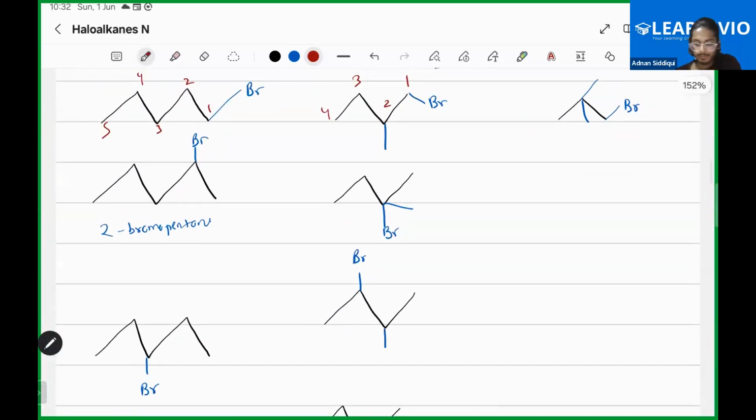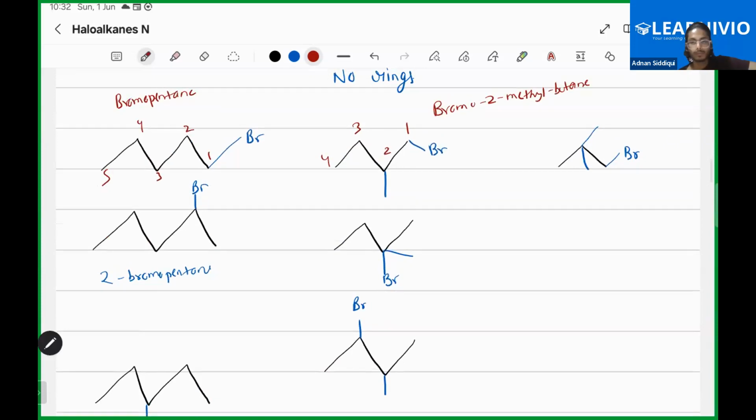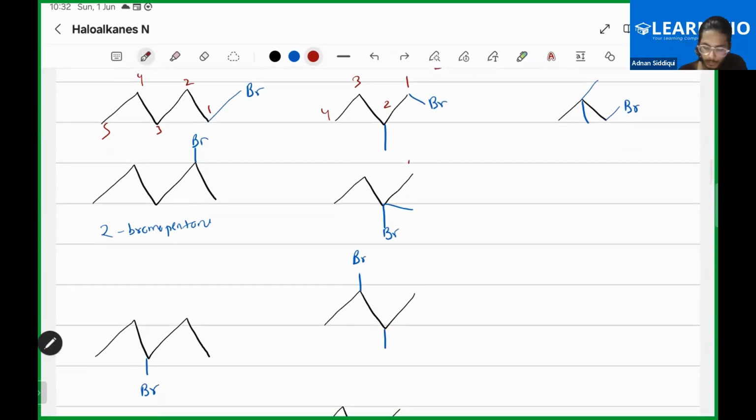Okay, what about this one? Here you can do the numbering from either side. Tell me first. 2-bromo-2-methylbutane. Good. You can do the numbering from here, like this, 1, 2, 3, 4, or you can do the numbering from here as well.